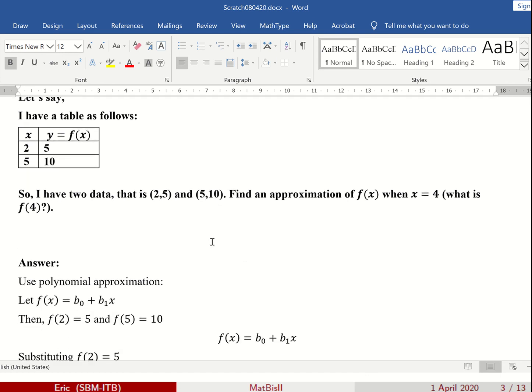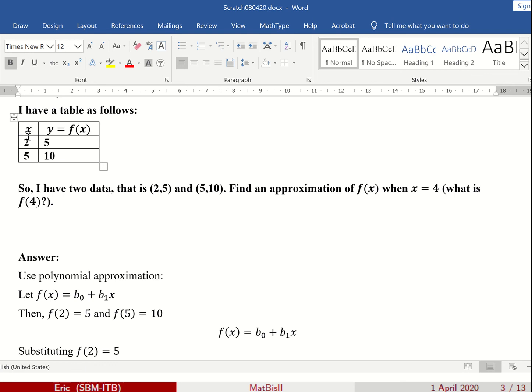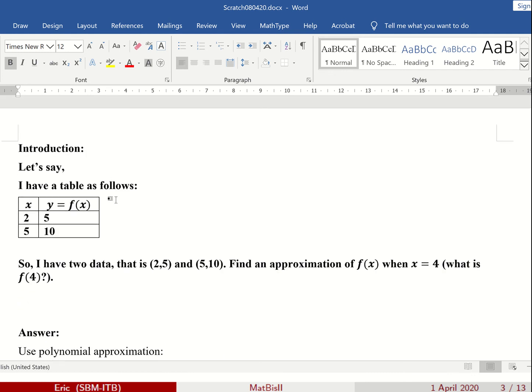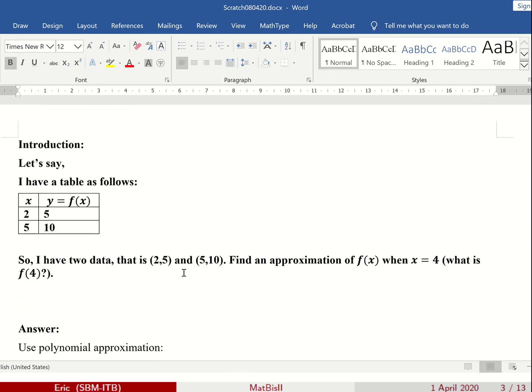So we want to know what f(x) is when x equals 4. This is not in the table, but I want to know. Find an approximation of f(x) when x equals 4, that is, I want to find f(4). So I want to use a polynomial to approximate f(4).